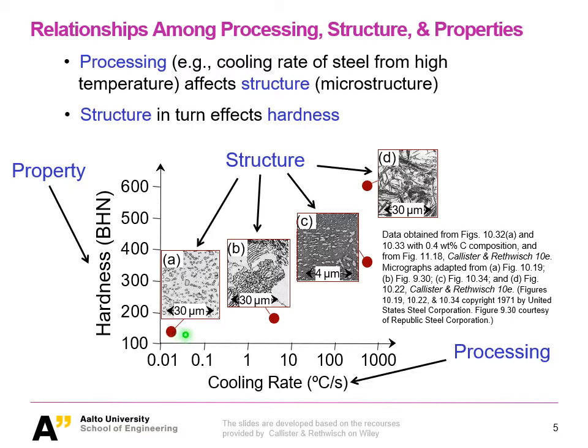Yeah, and when you just do not use that slow cooling rate, you go a little bit faster. So something like full annealing, so that is already faster. So you are just cooling with the furnace, right, together. And it is already much faster than the spheroidizing.